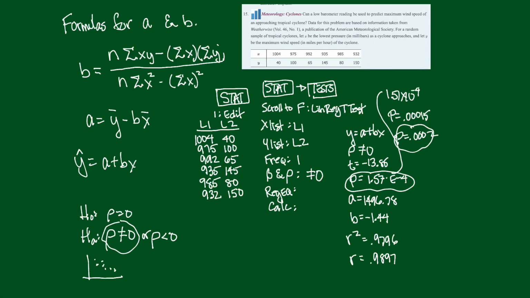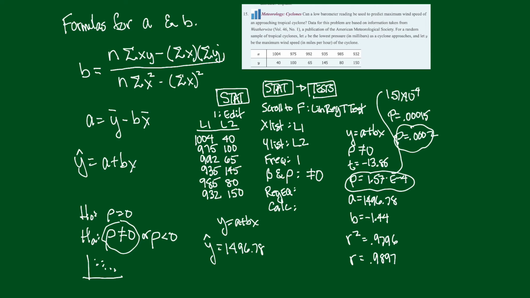Now it's also giving us, right, what does it also give? It also gives us A and B, right? So we could actually write the equation. Here's the equation right here. So let's go ahead and write that equation. So I'll do it right here. Y equals A plus BX tells us that Y, I'll write Y hat equals A. Now the A value is 1496.78 plus BX.